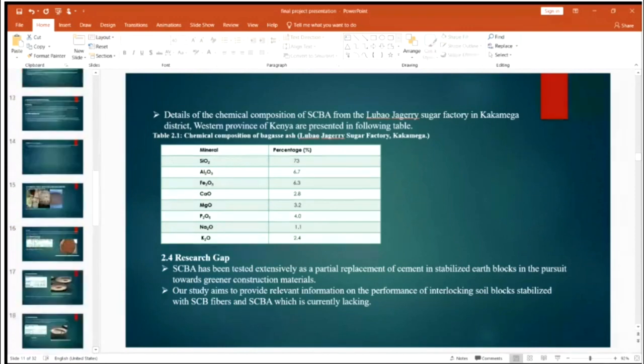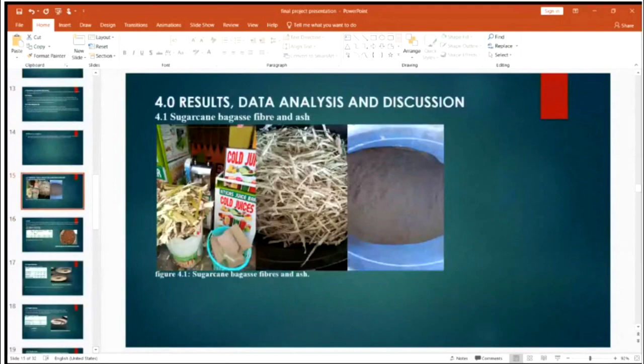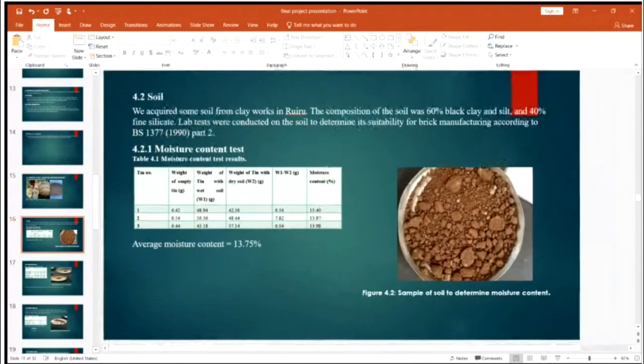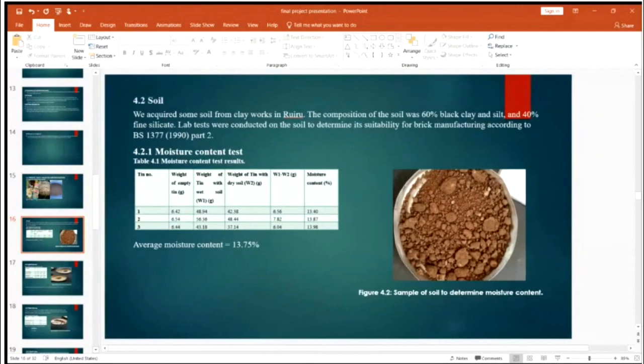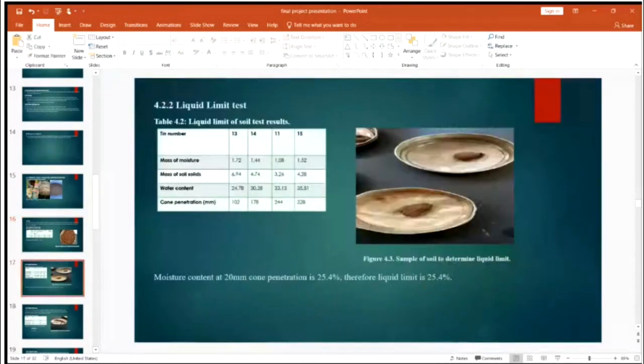Okay, so for our results and data analysis, we first did tests on the soil. In the moisture content test, we found that the average moisture content was 13.5%. In the liquid limit test, we found that the liquid limit was 25.4%.